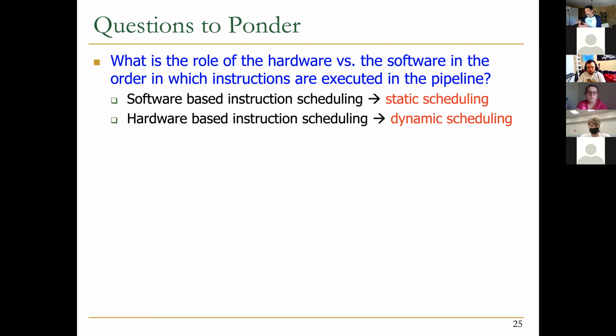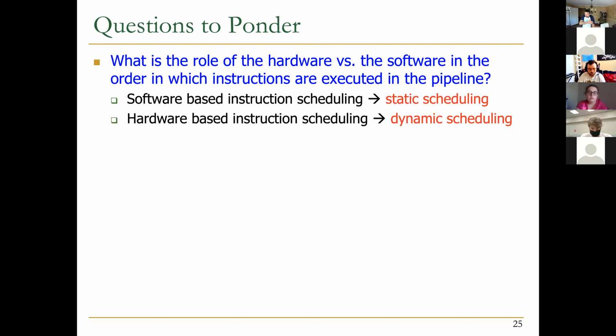But the compiler doesn't know one very important thing: when we are executing the program on the hardware, at each time the hardware knows exactly the architectural state of the program, the current state of the program at execution time.